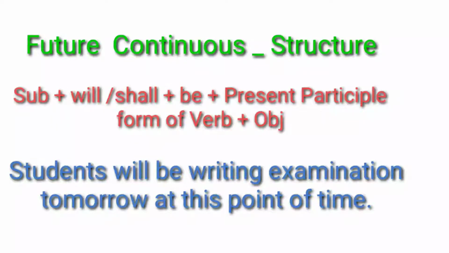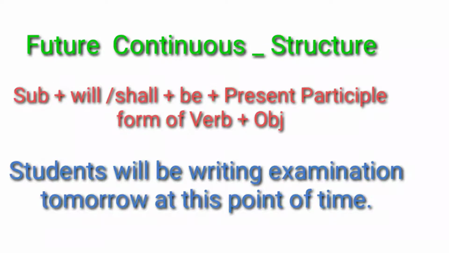Students are writing examination at this point of time. But here these two are the keywords. Tomorrow is one keyword. The phrase at this point of time is another keyword, which indicates the sentence should be used in future continuous tense.